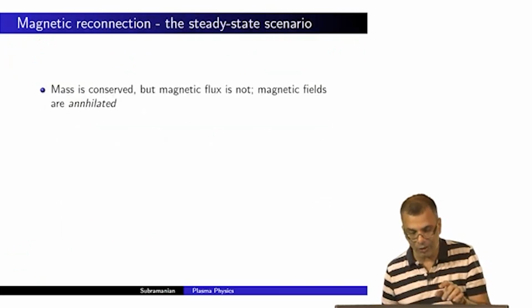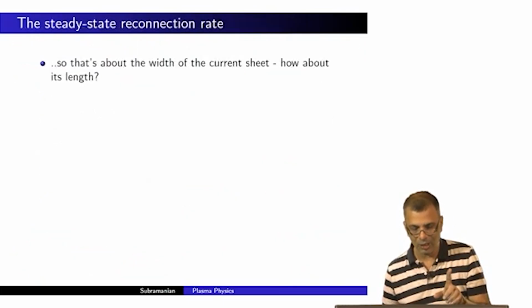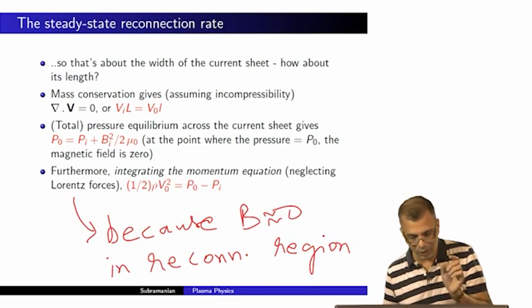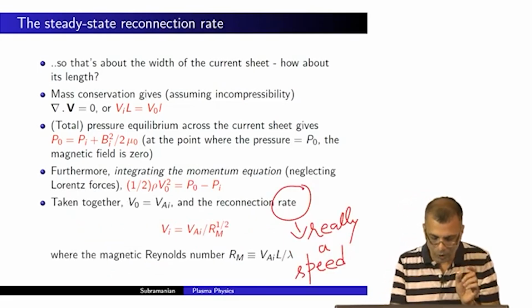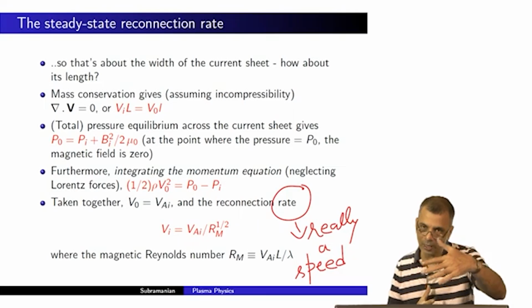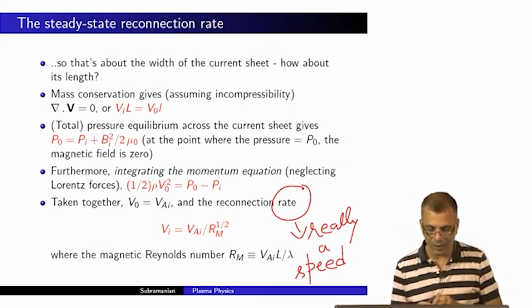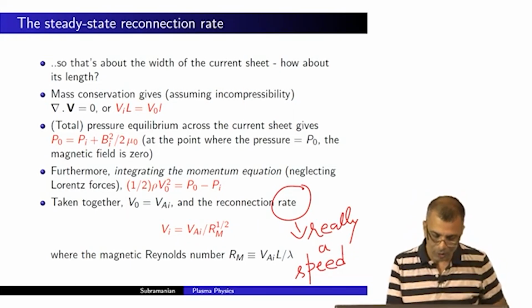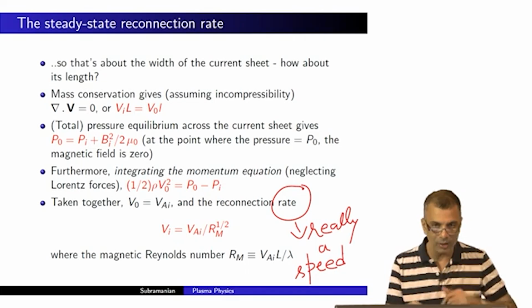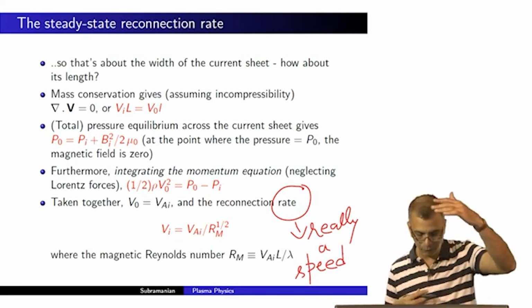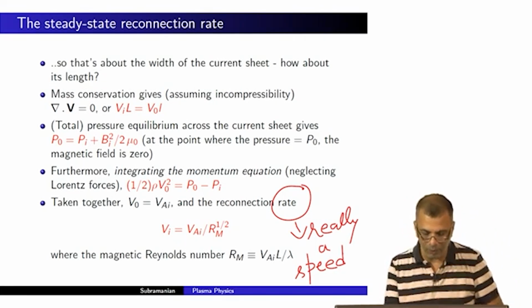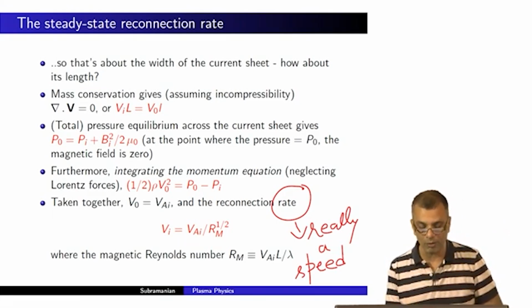If I have to satisfy all of these three conditions, I find that there is a very specific number for the speed at which I can bring these oppositely directed magnetic fields together, and that is equal to the Alfvén speed very far from the reconnection region divided by the square root of the magnetic Reynolds number, which is defined by this.